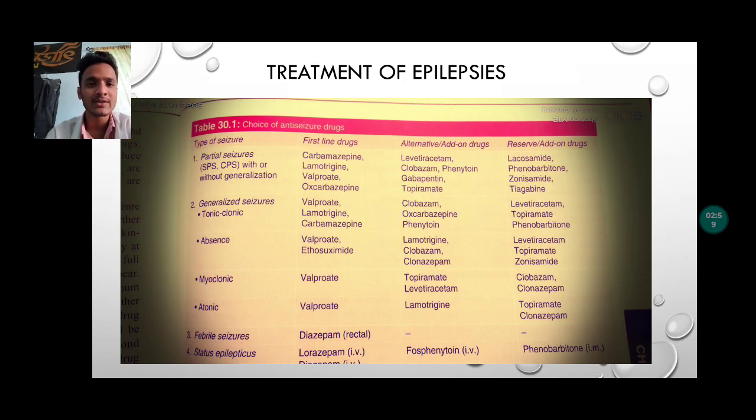The drug of choice for partial seizures is carbamazepine, for generalized seizures valproate, for tonic-clonic seizure carbamazepine, for absence seizure valproate, myoclonic seizures valproate, and atonic seizures valproate. Valproate is the main drug of choice for many seizures like absence seizure.